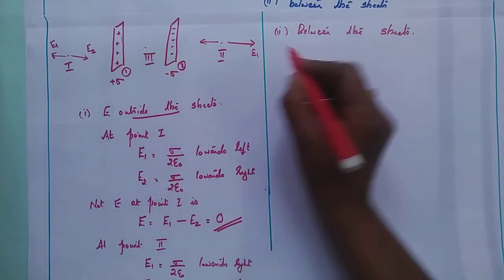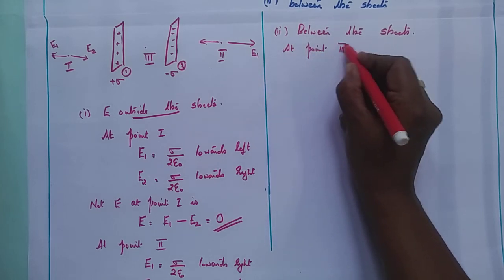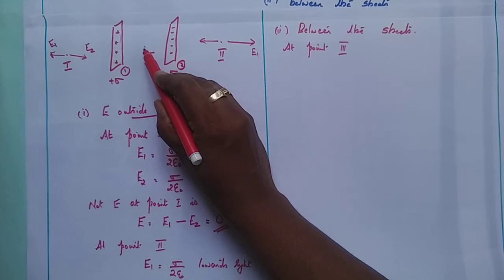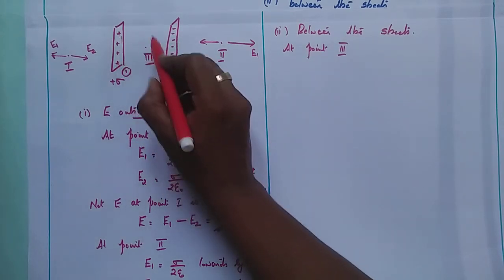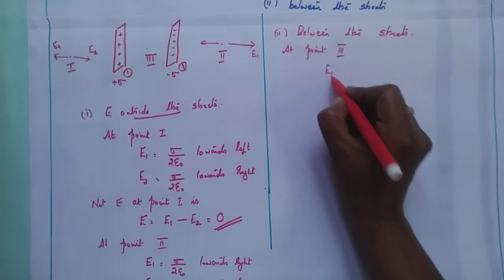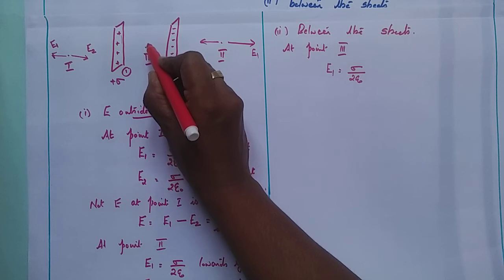Between the sheets means at point 3. Again, at point 3, how many electric fields are there? Two electric fields. Electric field at the point due to the positive charge sheet is E1 equals sigma by 2 epsilon 0. But what is its direction?